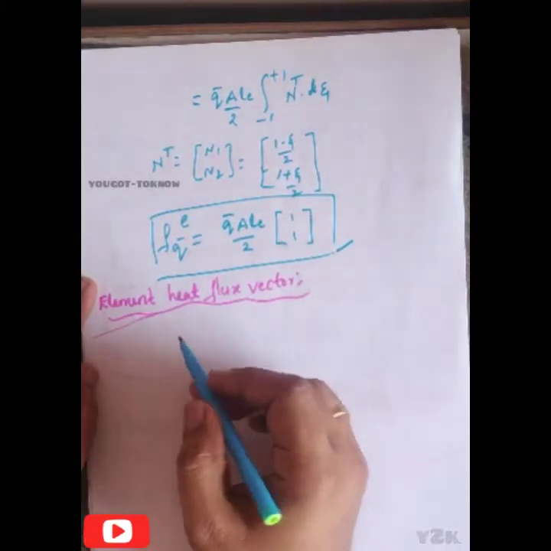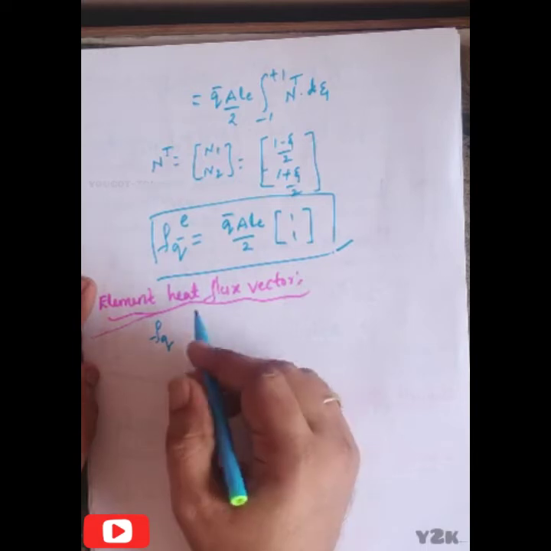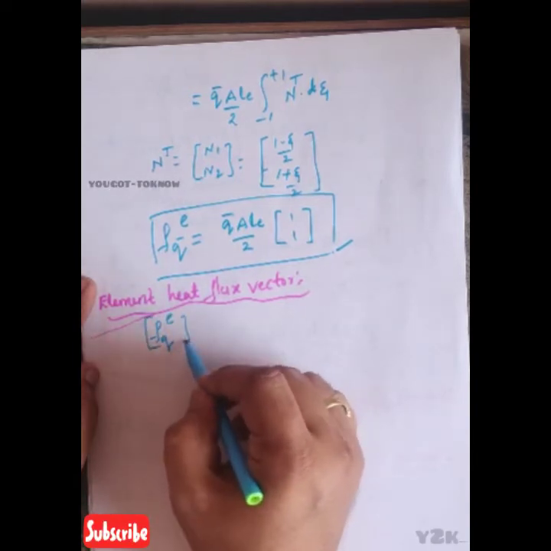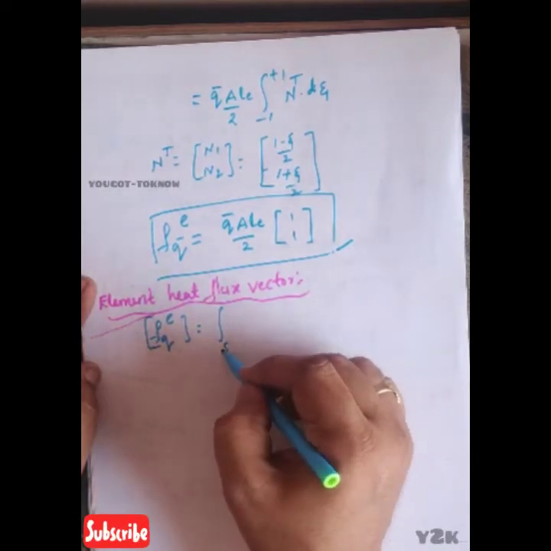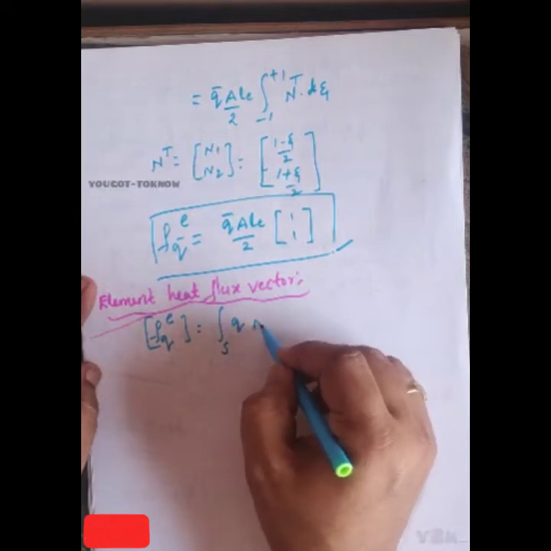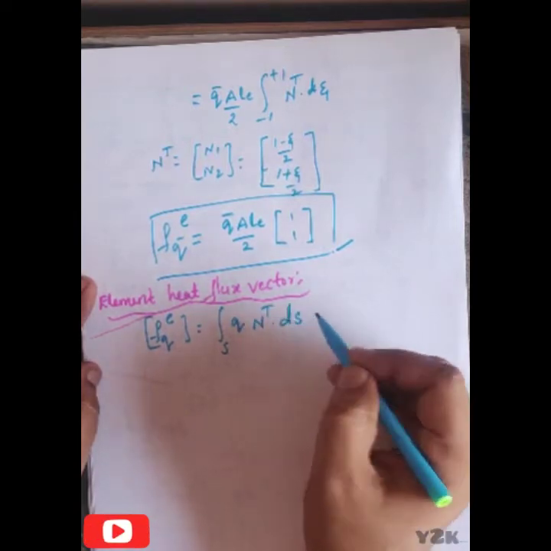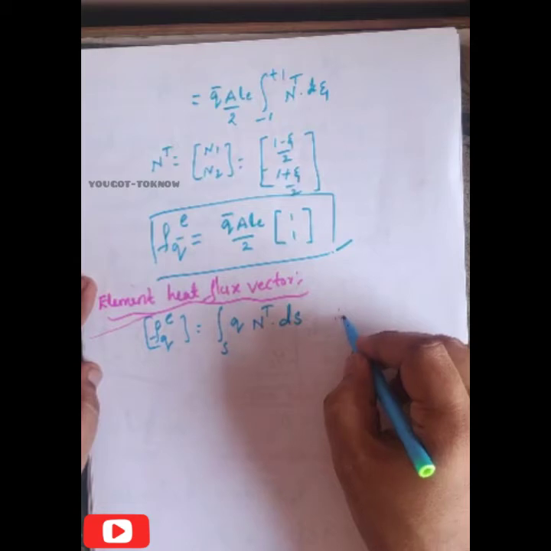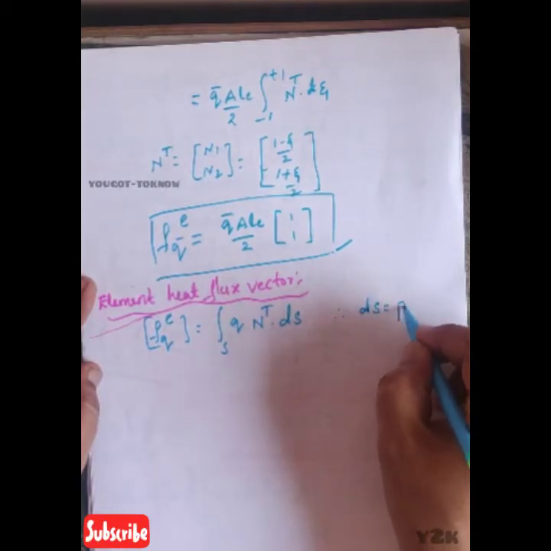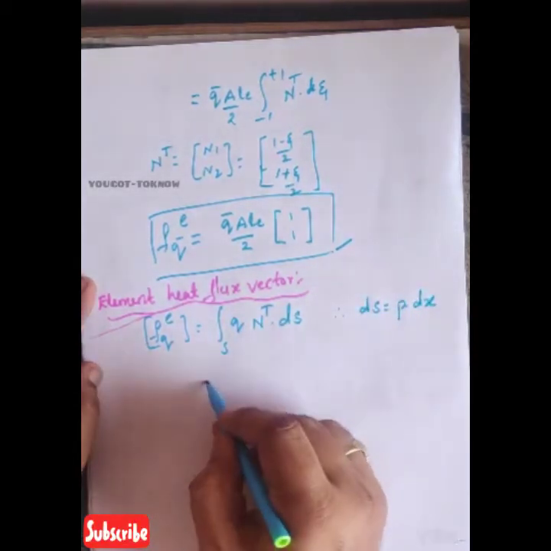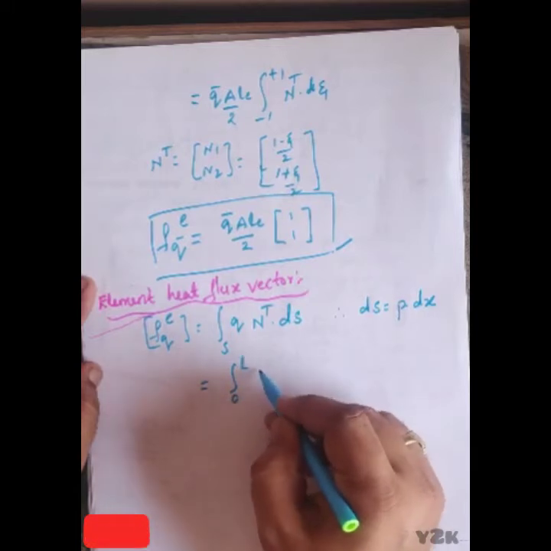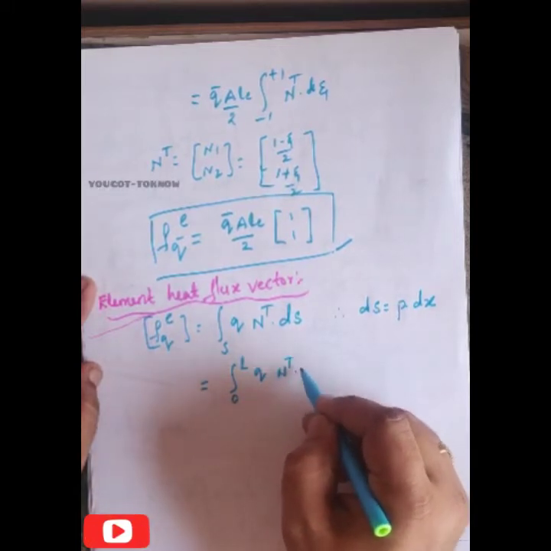Now similarly, what is the next one? Heat flux vector. It is acting over a surface. This can be done as the surface integral of q into N transpose into dS. Once again, this is for a free surface. dS will be equal to p into dx. If you simplify this, from 0 to L, q as it is, N transpose as it is, p into dx.